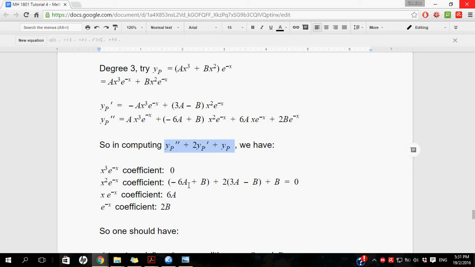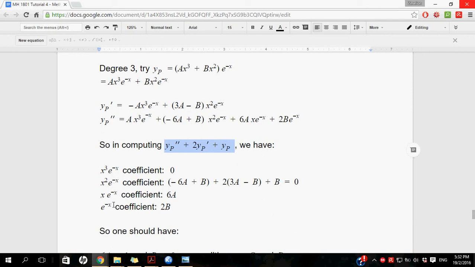And now you can see what happens here. By computing the coefficients on the left hand side, inside of this expression, you will see that the coefficient for this term, x cubed times e to the minus x, will give us 0. Similarly, for x squared times e to the minus x, you would get 0.